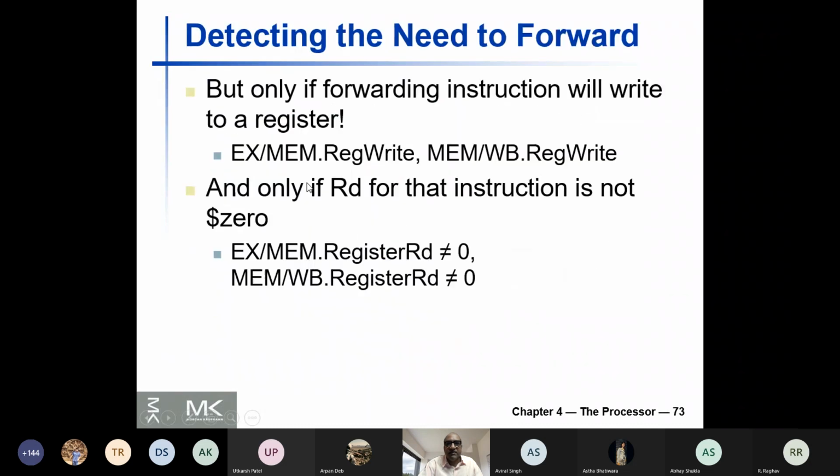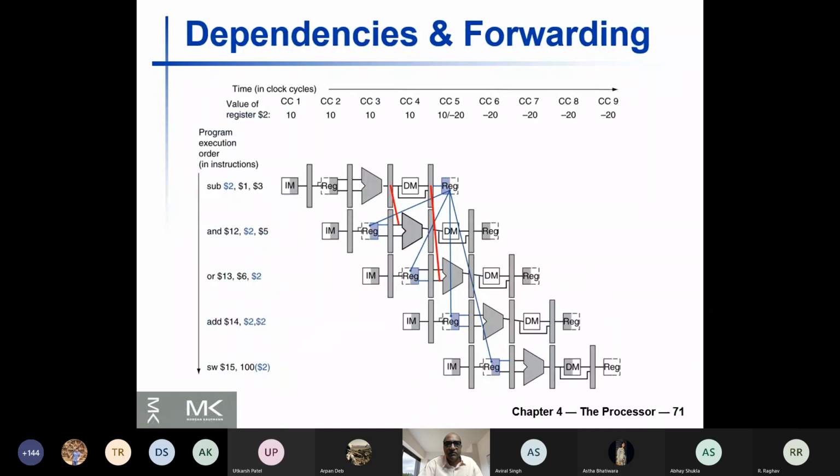If you look at the previous example, when this instruction is executing in the execution stage and you check the execution hazard or the memory hazard, with respect to the outcome of this pipeline and that pipeline, then only this one will be satisfied. Because of that, we forward this particular one.